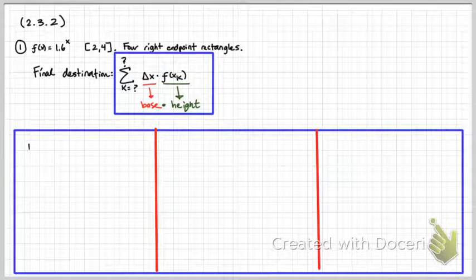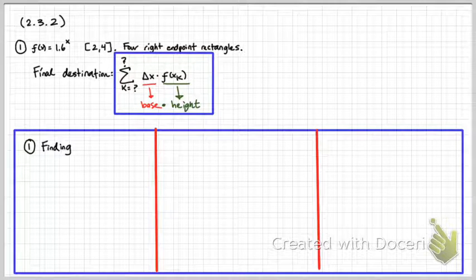So number 1, our first step here is, I don't like that square. Number 1 would be to, it says find k, but it's really finding your delta x and writing your subscript notation.